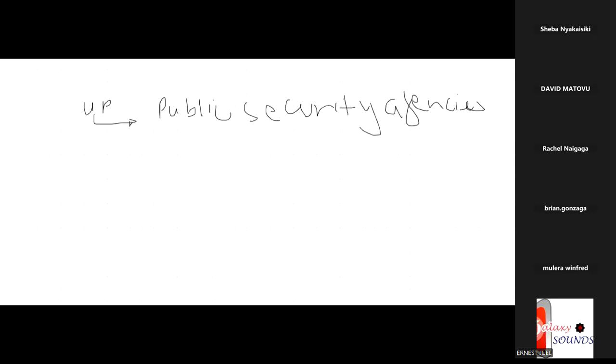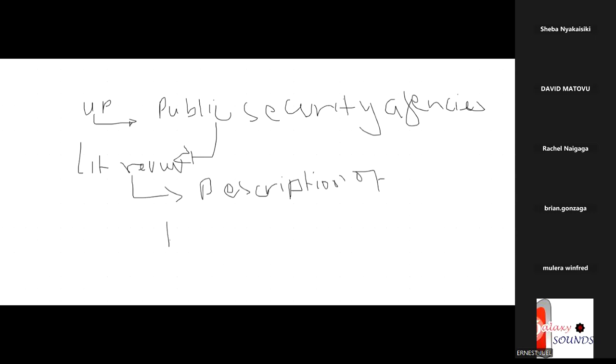That is the question. Now, before she goes into her collection of data, Winnie is going to first do a literature review and give us a description of public security agencies.